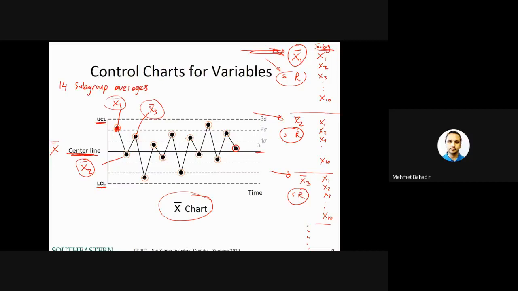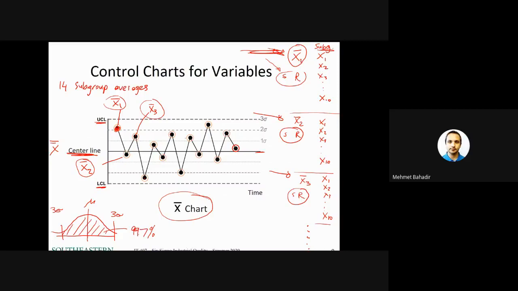So if we look at a normal distribution, you have the average, right? And you have 3 sigma on this side to the right and 3 sigma to the left side. We know that for a normal distribution, the area between these 3 sigma values is 99.7%.